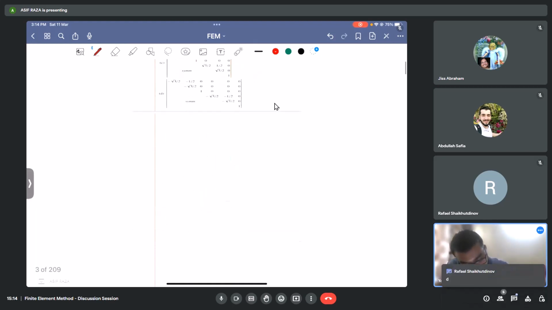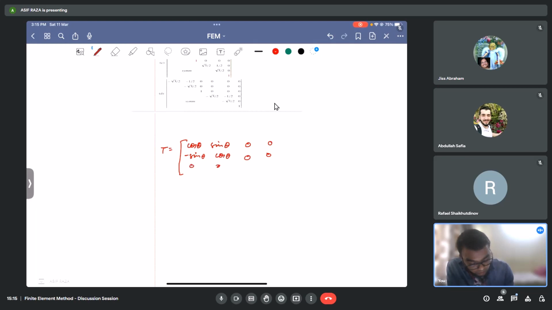As you know, the transformation matrix is written as cos theta, sin theta, minus sin theta, cos theta, with zeros elsewhere, when my members are like this.